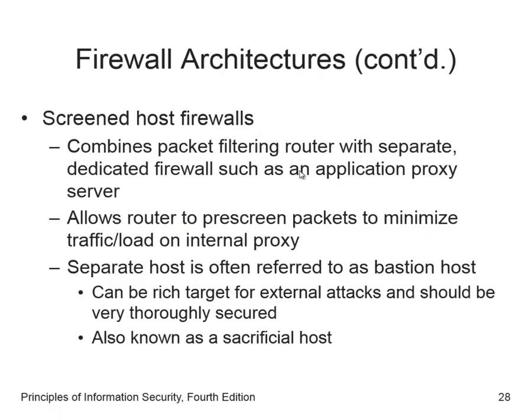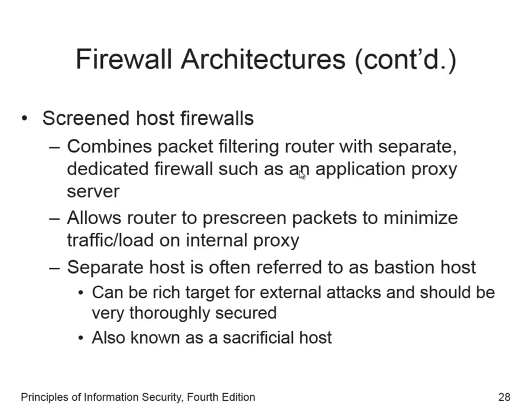This architecture combines the packet filtering router with a separate dedicated firewall, such as an application proxy server, allowing the router to pre-screen packets to minimize the network traffic and load on the internal proxy server. This is the screened host firewall. The application proxy examines an application layer protocol and performs the proxy services.